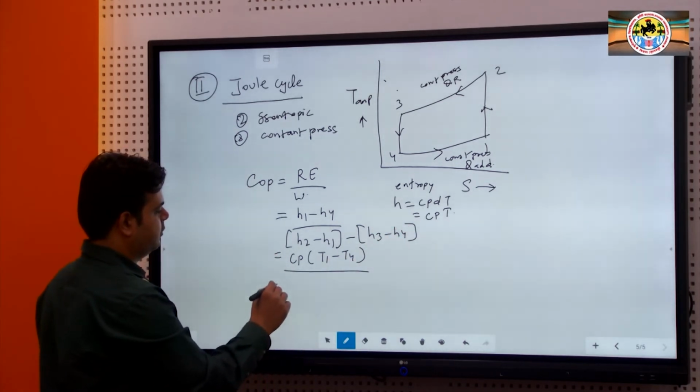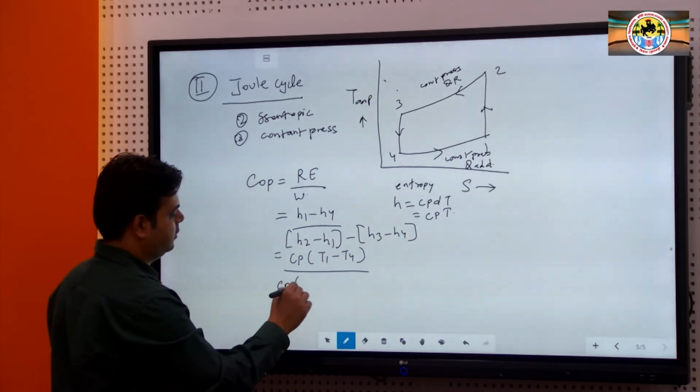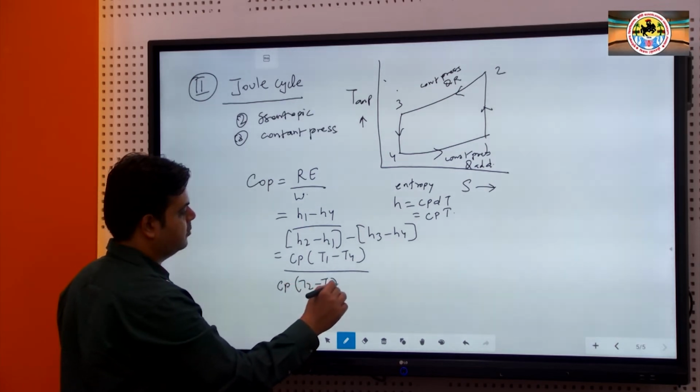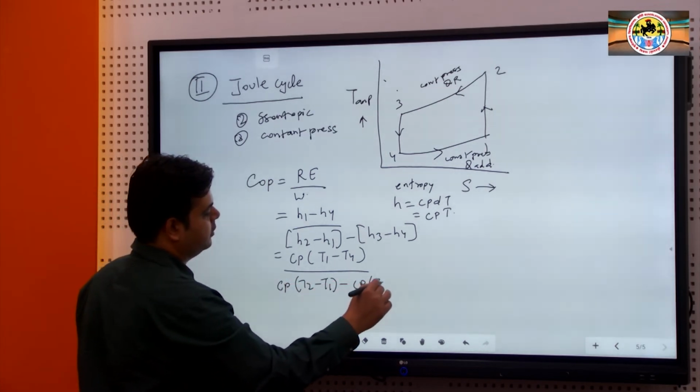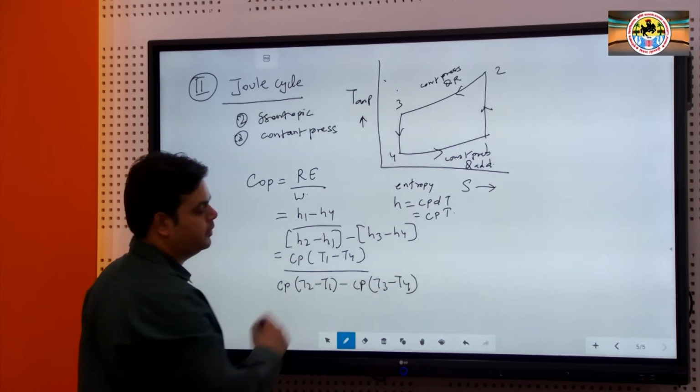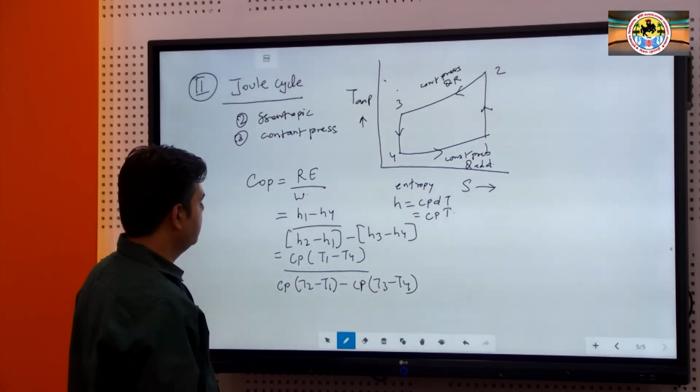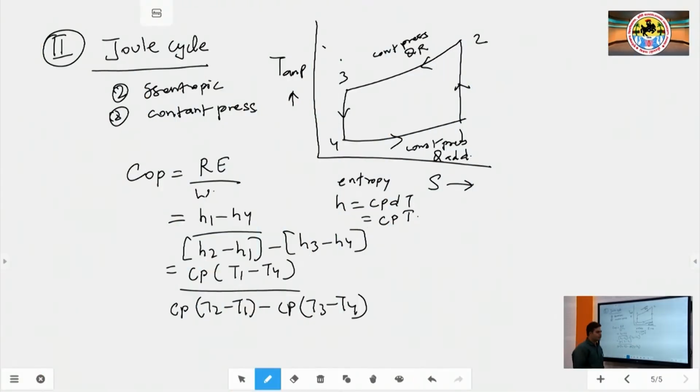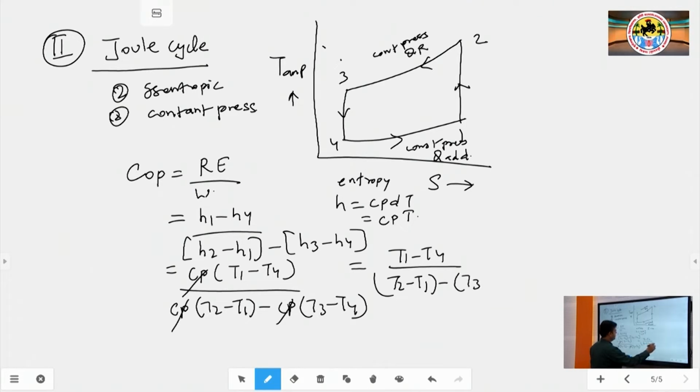So in terms of Cp, Cp (T2 minus T1) minus Cp (T3 minus T4). Cp is common, so it cancels out. The expression remains (T1 minus T4) divided by (T2 minus T1) minus (T3 minus T4).